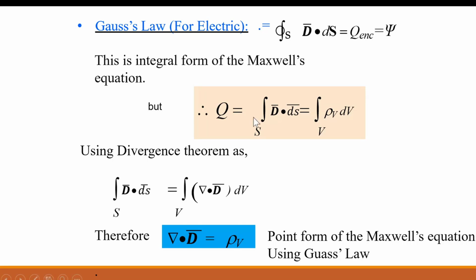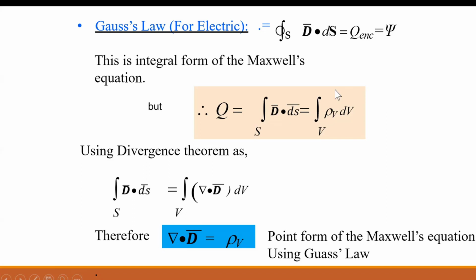So Q is equal to closed surface integration of d ds bar, and that is equal to volume integration of rho v dv. What is rho v? Rho v is volume charge density, right? So these are integral forms of Gauss law.